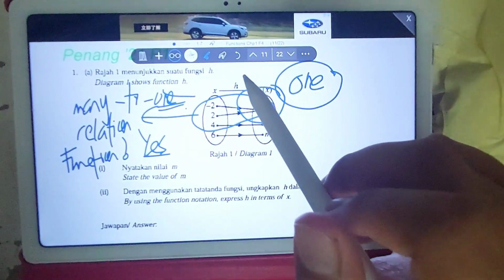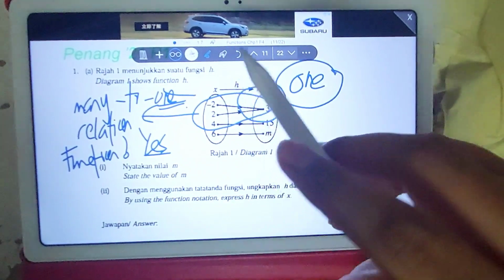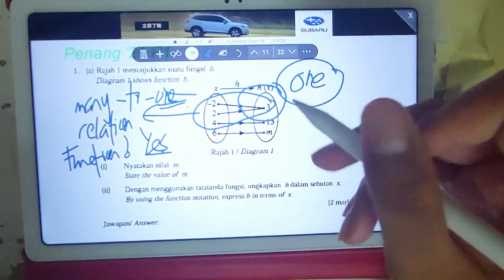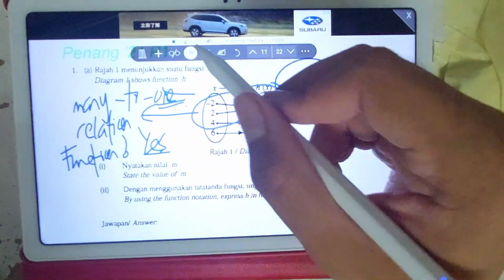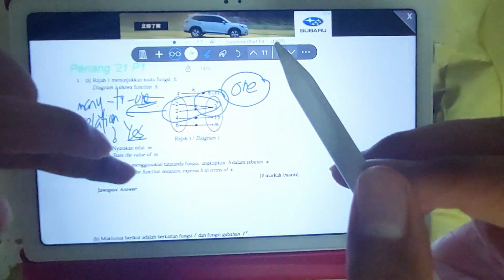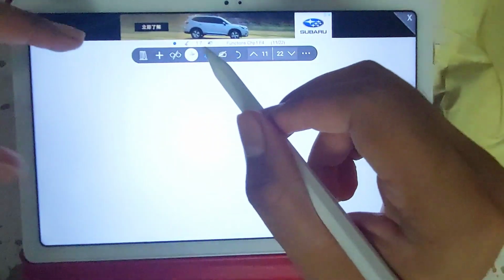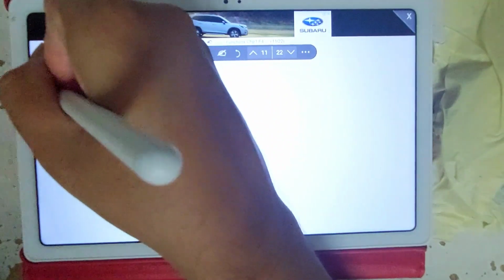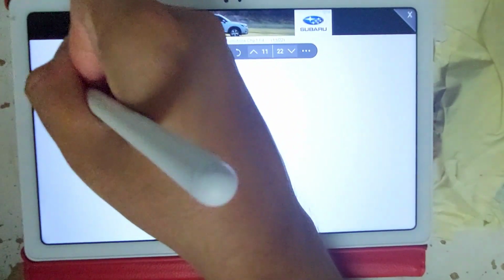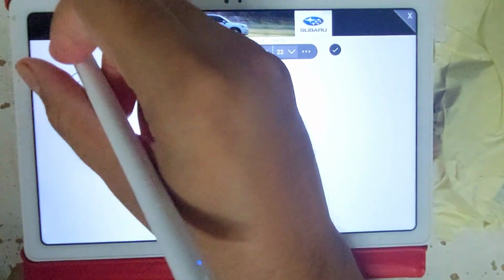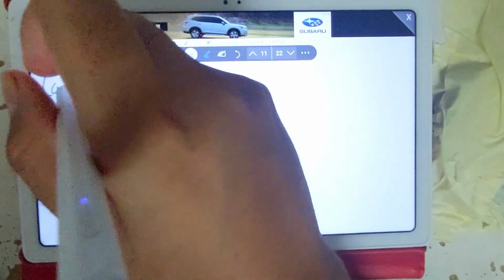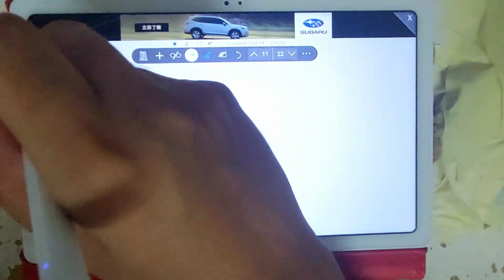So first of all, how we are going to find the value of m is we must deduce a pattern that is recurring in this function. So let's see over here, I will do it over here. So A1, so it only carries 1 mark. So first of all, you must notice the pattern that maps all the functions together.